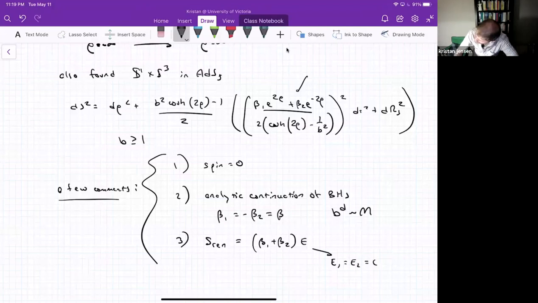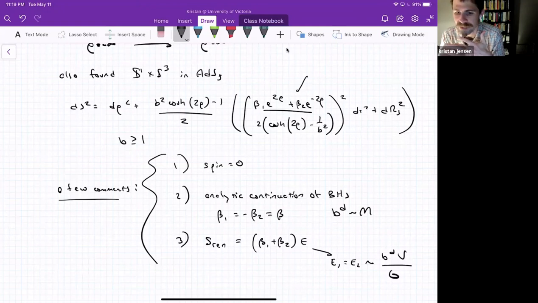And it's parametrically B to the D times the volume of space over G Newton. So, this is a nice formula.